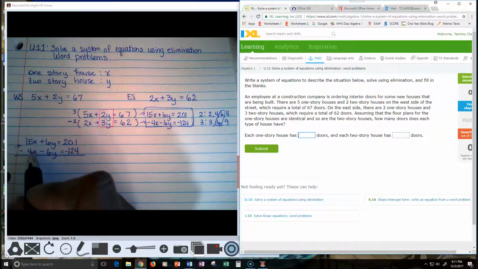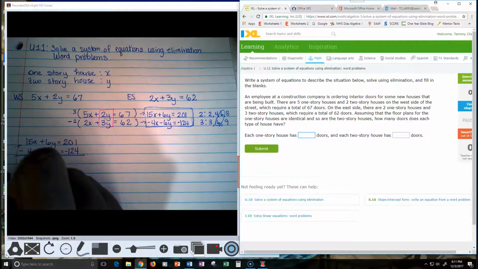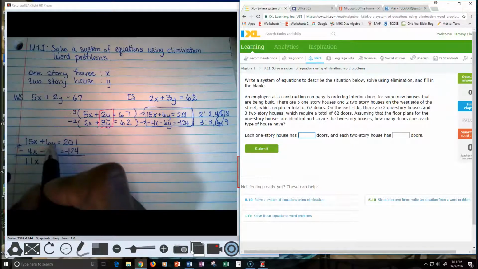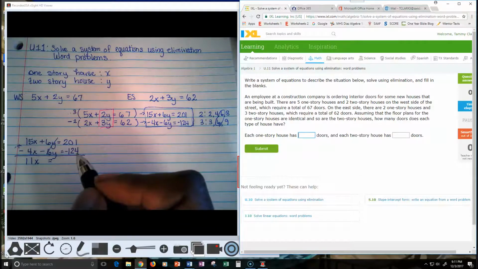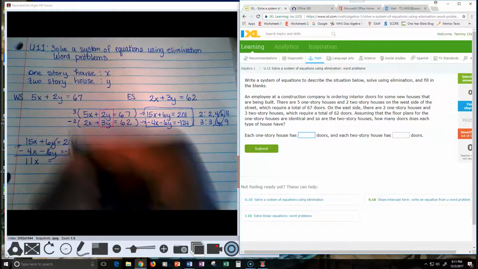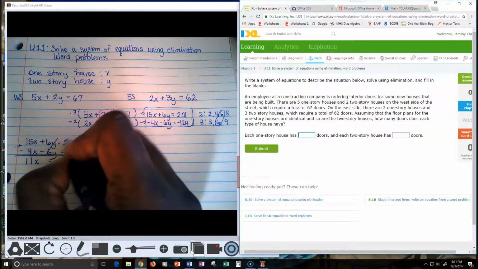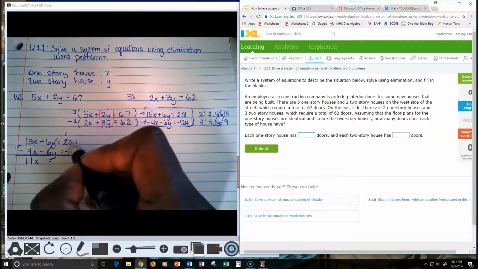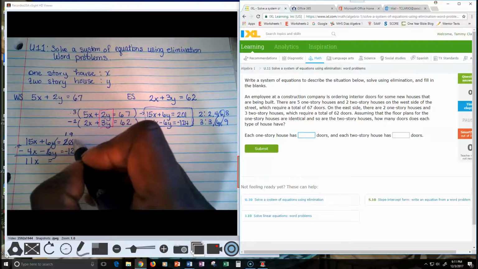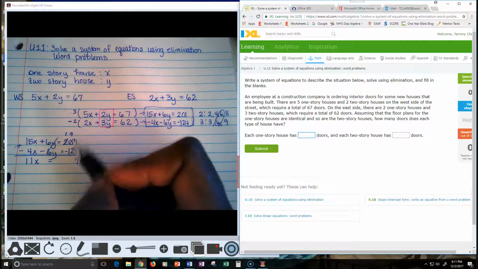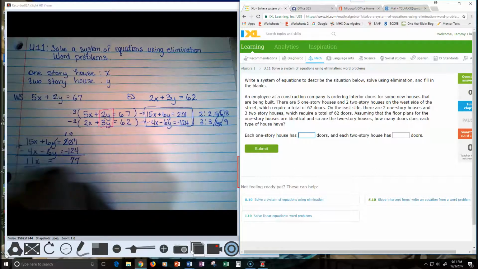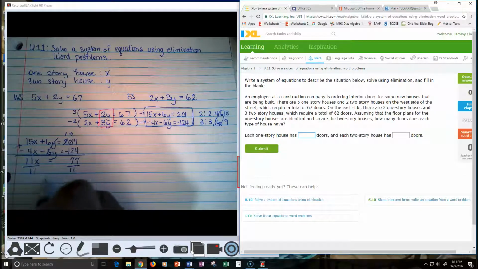So 15x minus 4x is 11x. 6y minus 6y is 0. 201 minus 124, well, let's see here. I'm going to borrow. That gives me 11 minus 4 is 7, and 9 minus 2 is 7. So 77. Divide by 11 on both sides of the equation. X, therefore, is 7. So we've got one part.